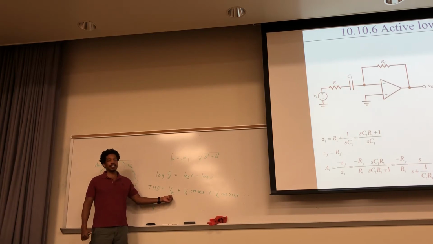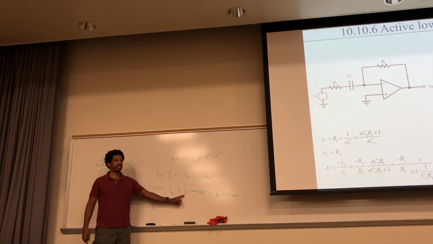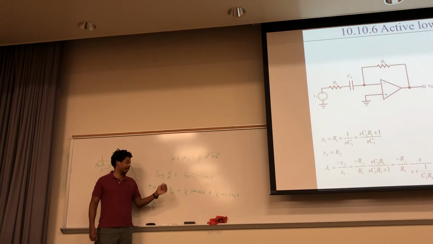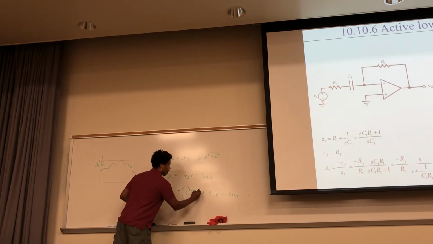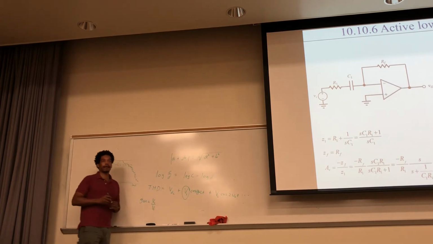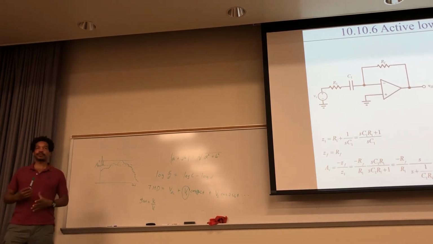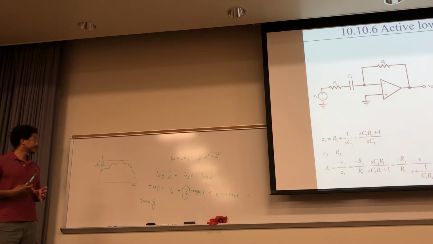It depends what type of analysis you're doing. Your DC can be amplified going through an amplifier, but you're really concerned about your signal. What happens to my signal? How much is that amplified? So it's really this one, the fundamental harmonic.